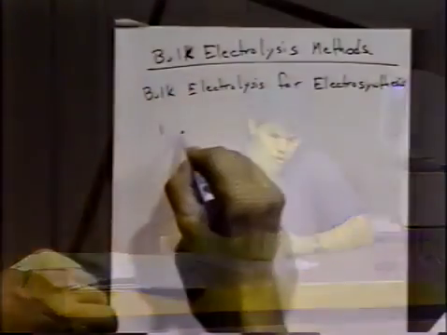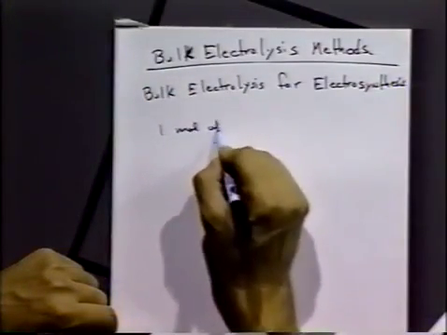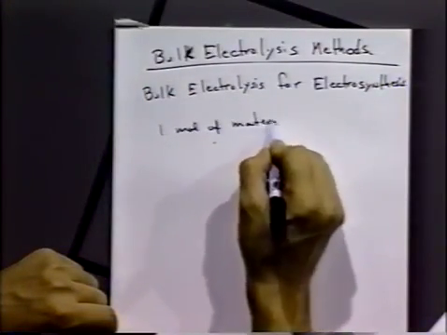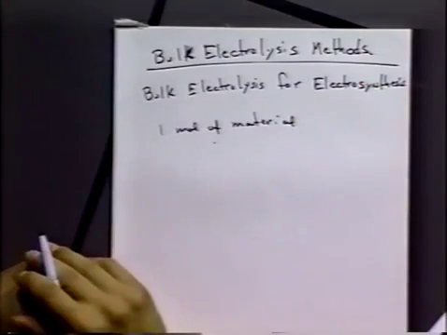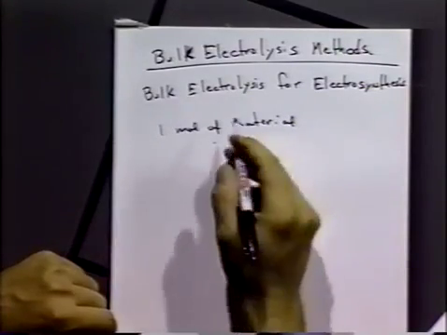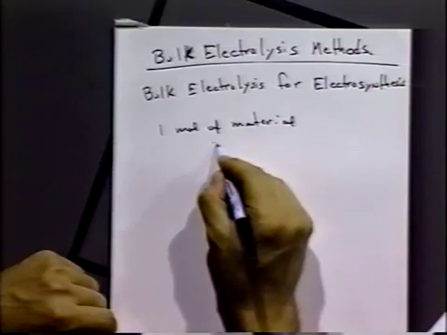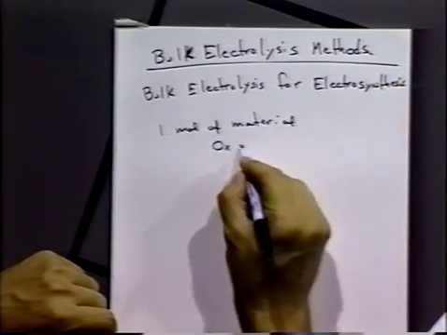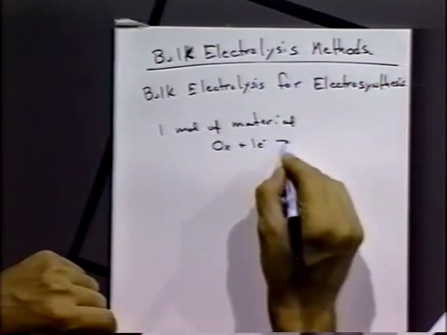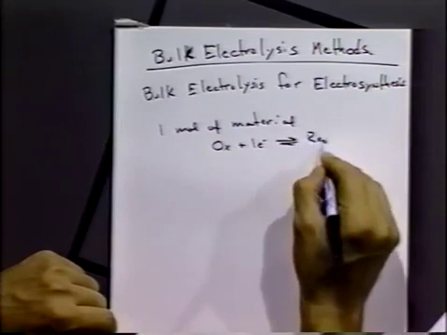For electrosynthesis, though, we might use electrosynthetic methods for smaller scale processes where we want to use the cleanness of the reaction as an advantage. Let's just consider a simple problem. Suppose we had 1 mole of material that we wanted to reduce: a mole of Ox plus 1 electron goes to Red.